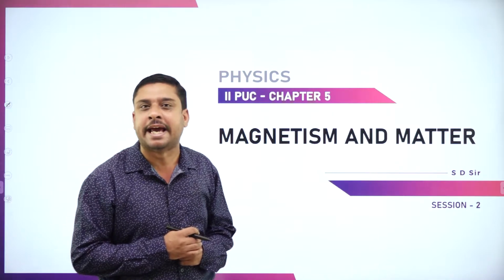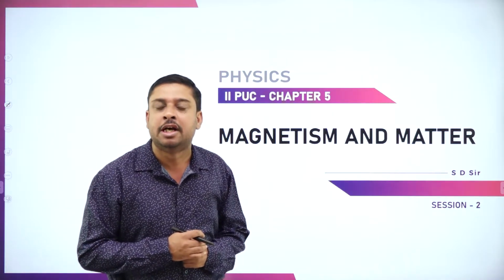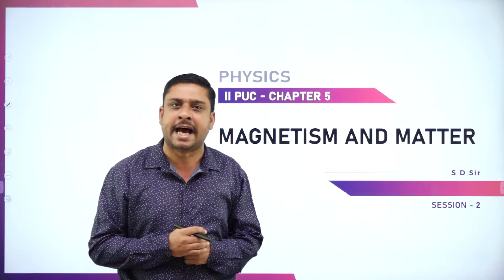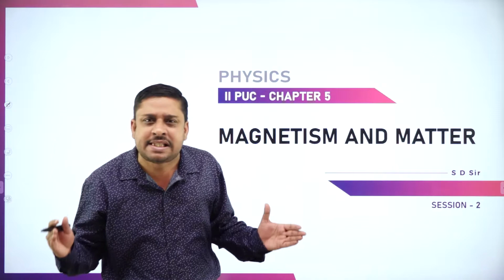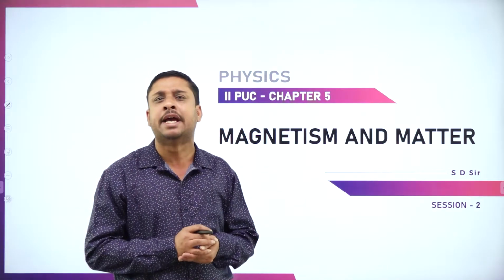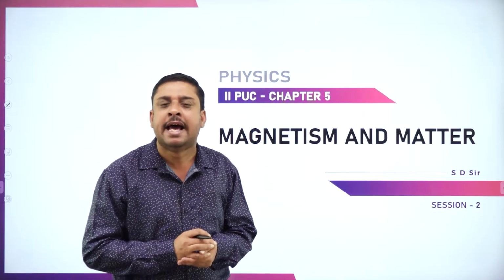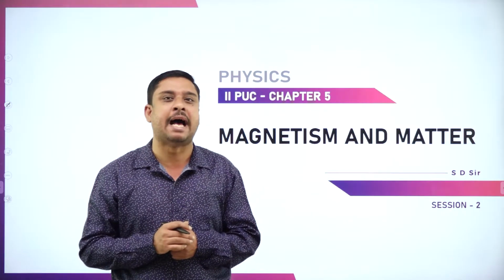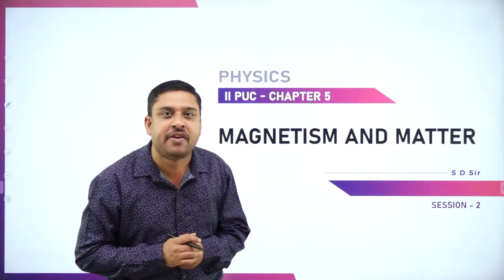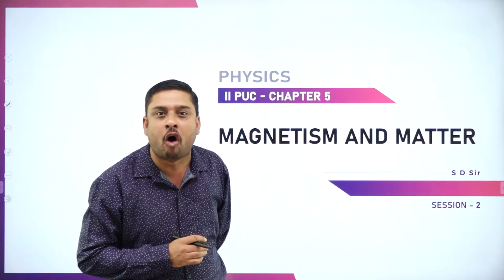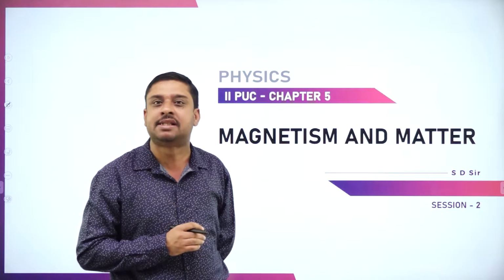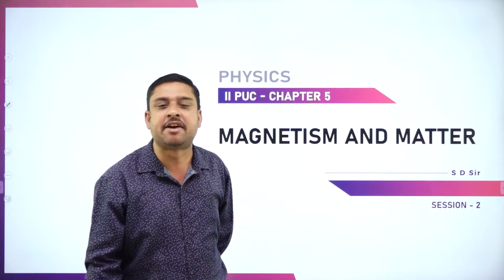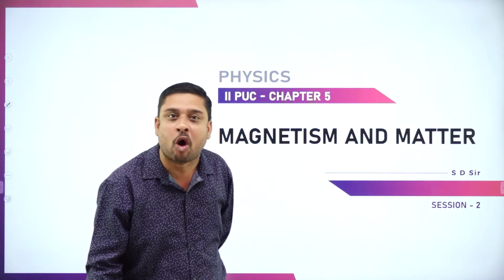Finally, we understood the properties of magnetic field lines, which were very much similar to the properties of electric field lines, except that magnetic field lines form continuous closed loops, which the electric field lines did not do.